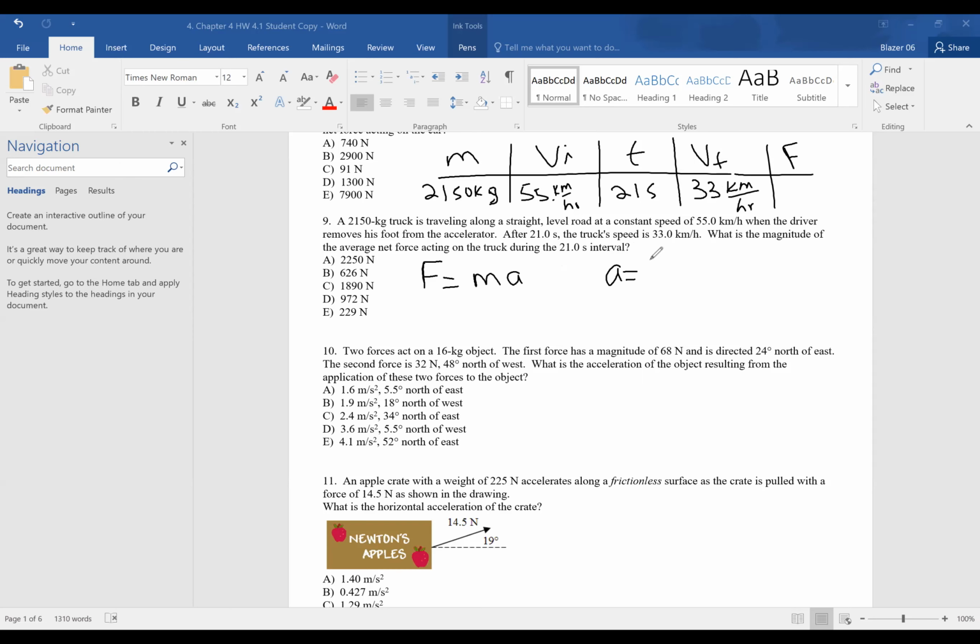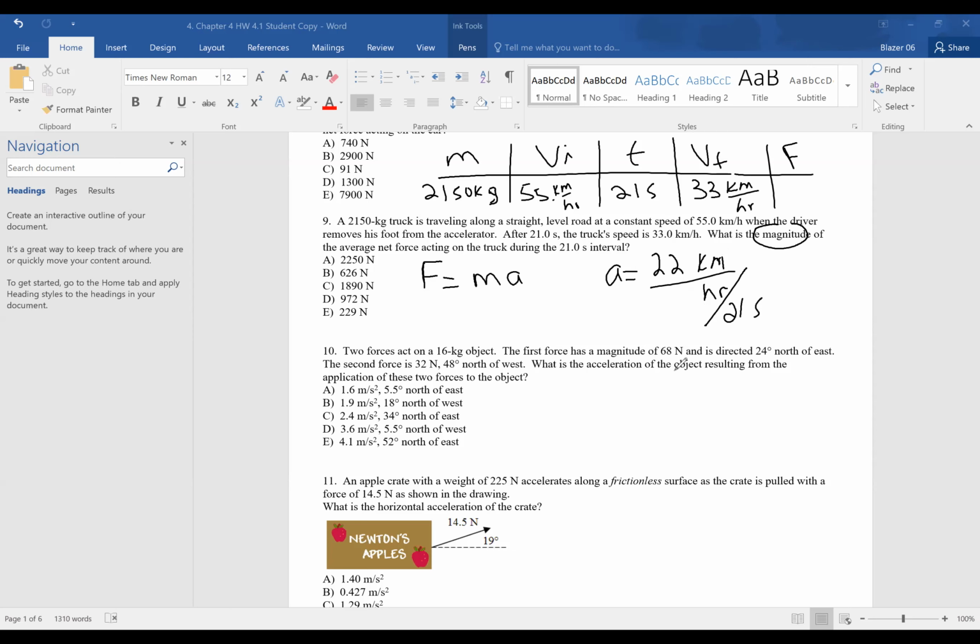Of course this is a negative number, but because it only wants the magnitude, I can just give the change. So it changed by 22 kilometers per hour per 21 seconds.